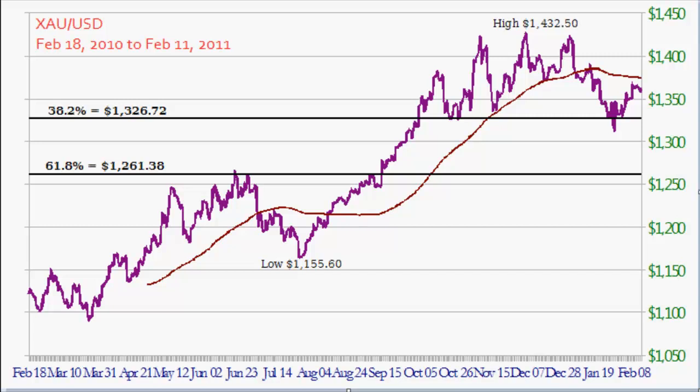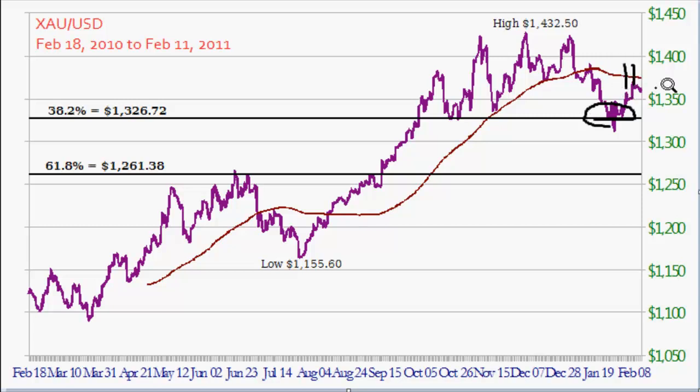It's been a wild ride over the last year within this market, and it looks now within this 50-day moving average as if the market wants to roll over, and it might. After all, we had this support at this magical line of 1326.72, and we've rallied.